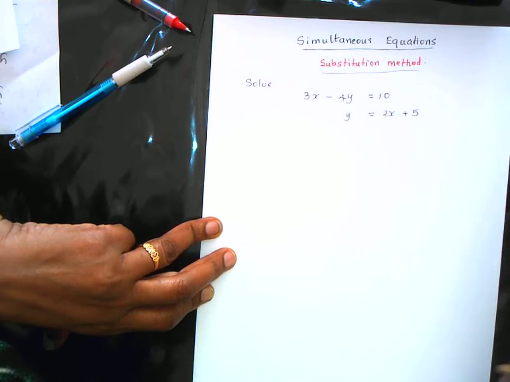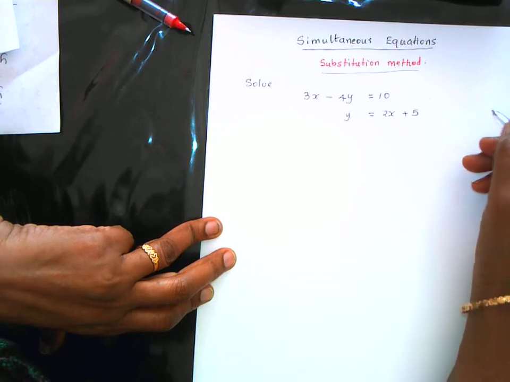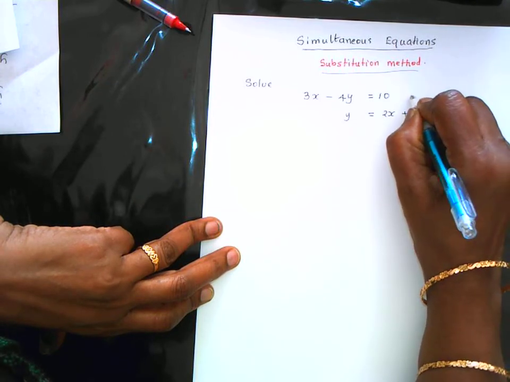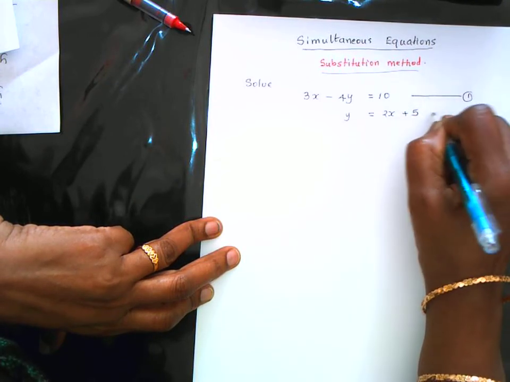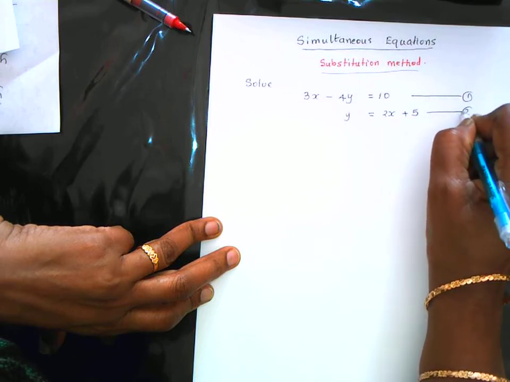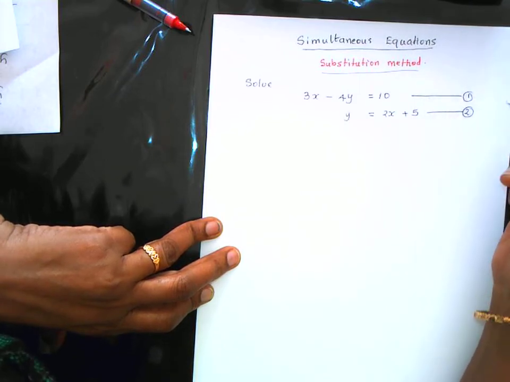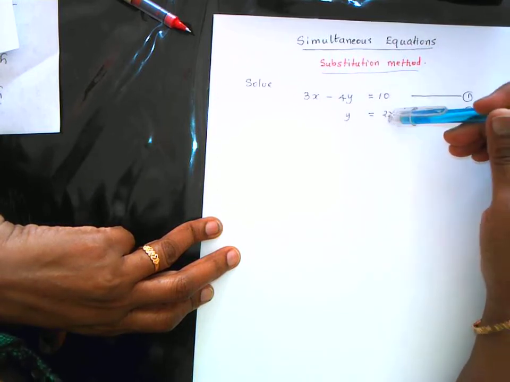So what we are going to do is start with numbering the equations. I number this as 1, I number this as 2. As I told you before, we have to substitute one into another. Let us see whether we can substitute one into this.